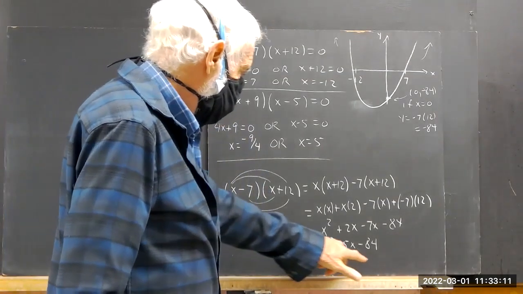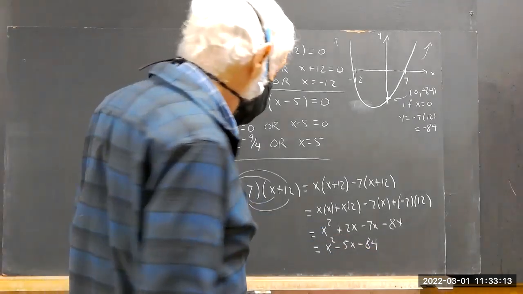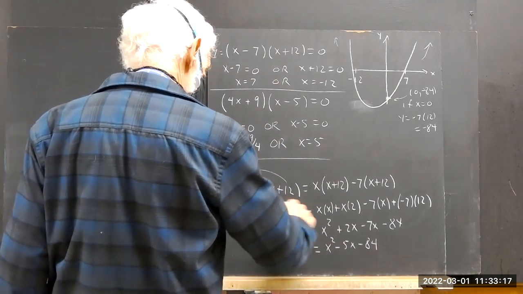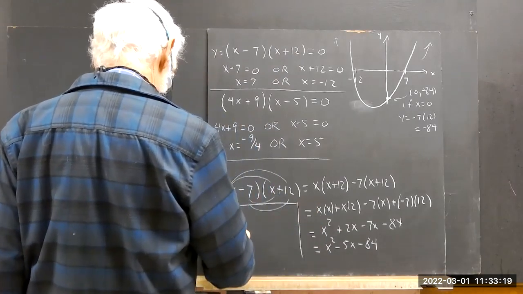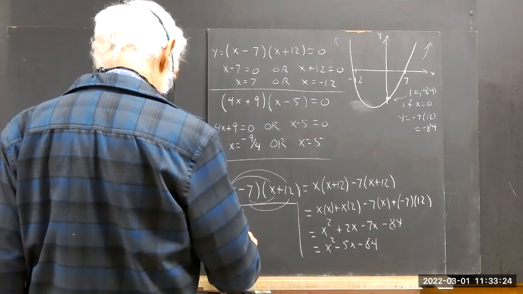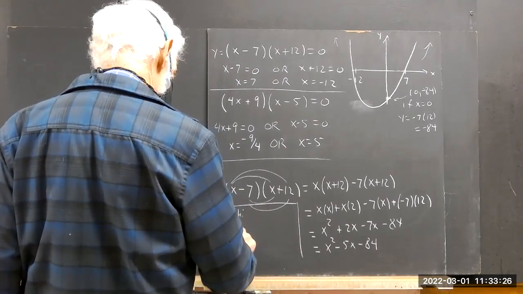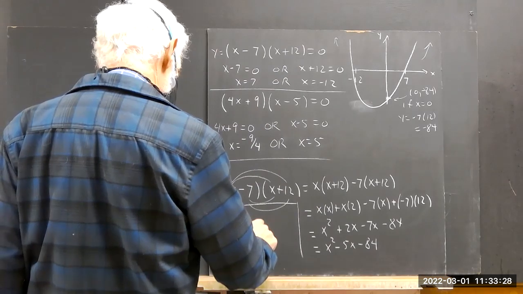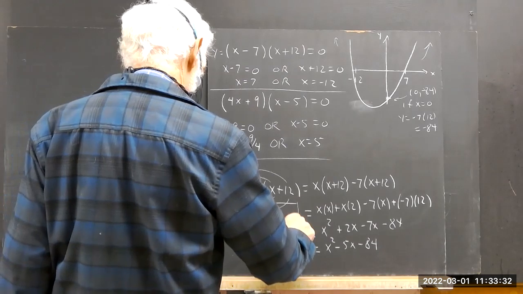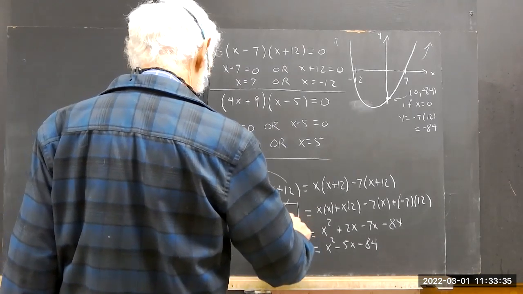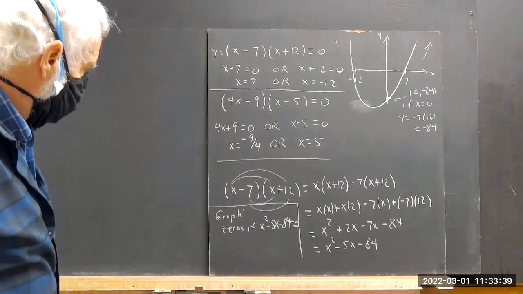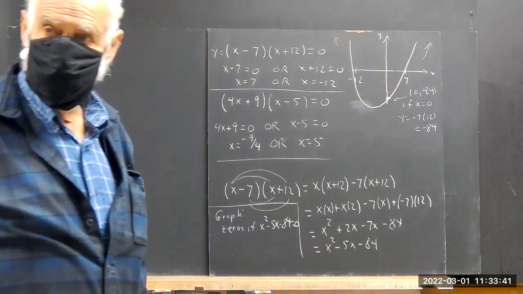Now, if we want to graph this, well, we know the zeros are where this quadratic is equal to 0.